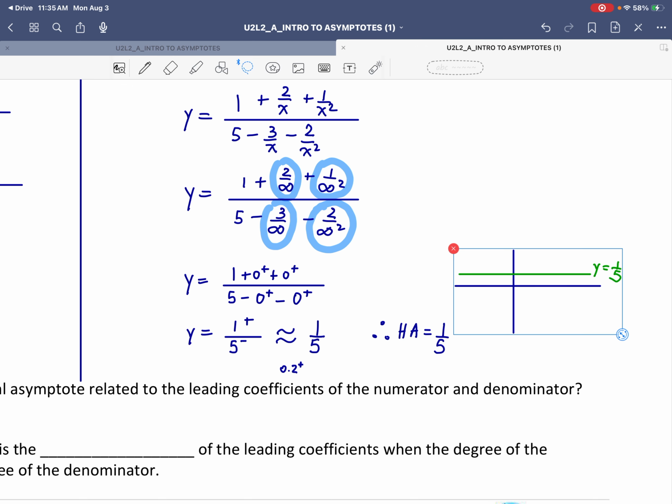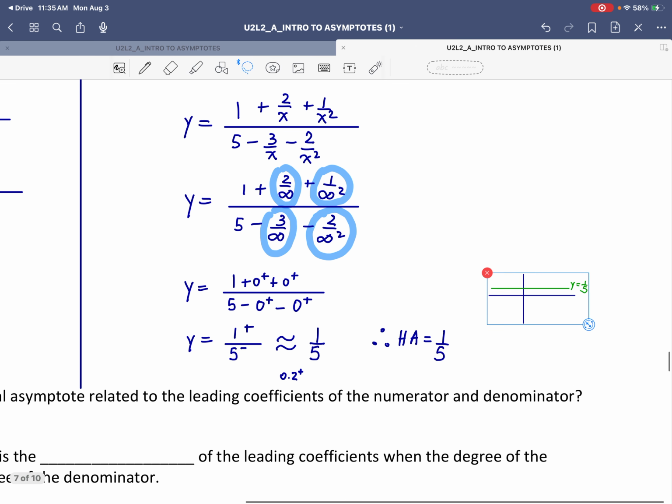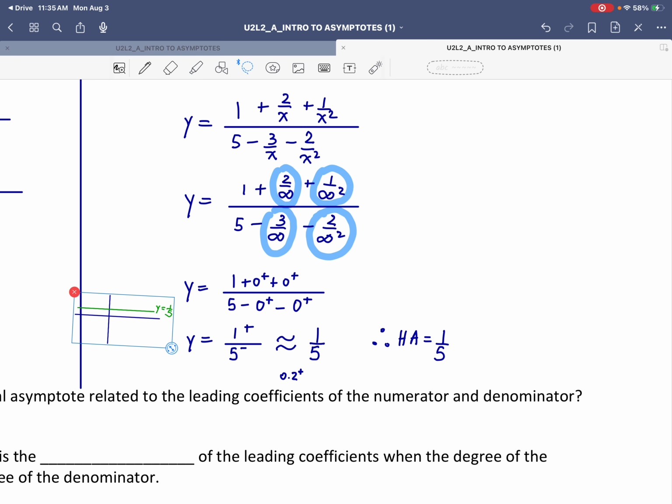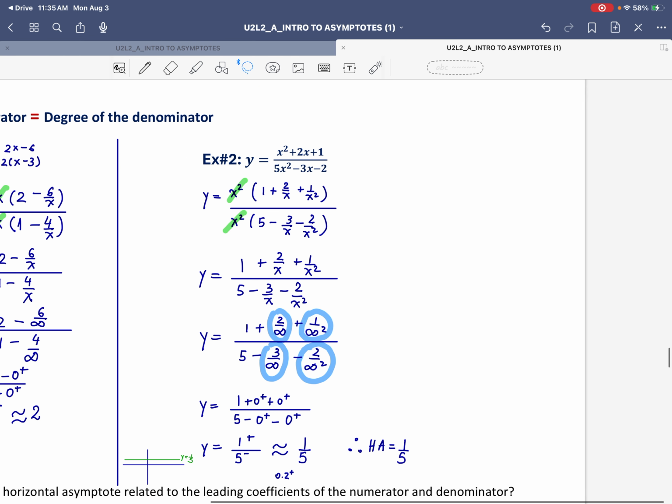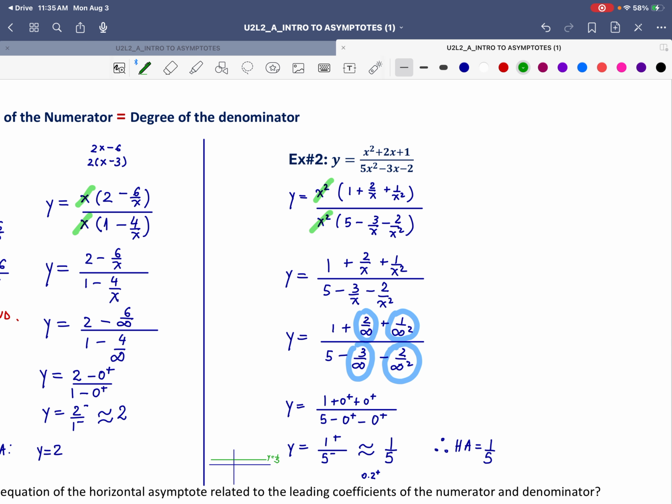Now, let's bring this to the other side. And I also want us to take a look at negative infinity, what happens to the graph of this function as x approaches negative infinity. Let's do this. Now, we don't have to do all the steps in here. We can just start from here and estimate the value of the function.